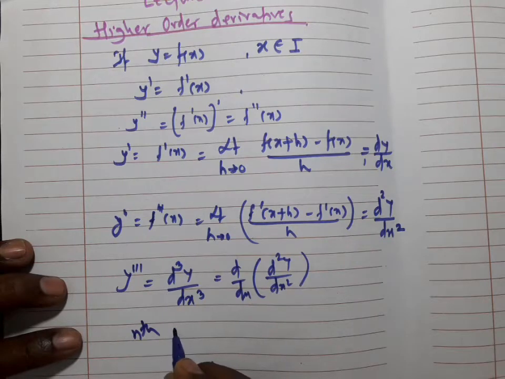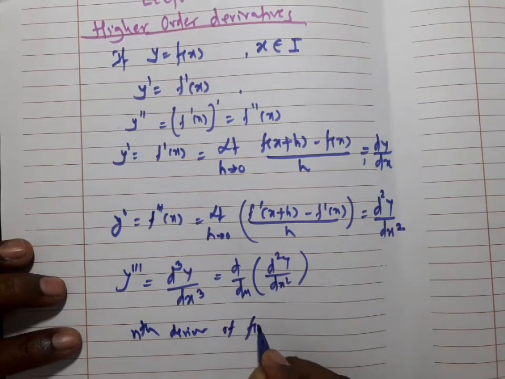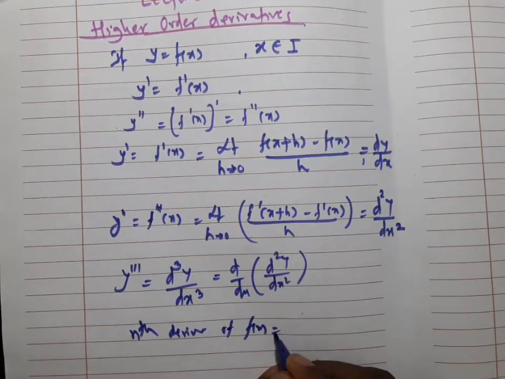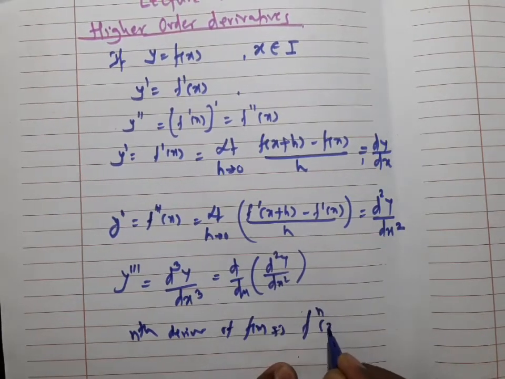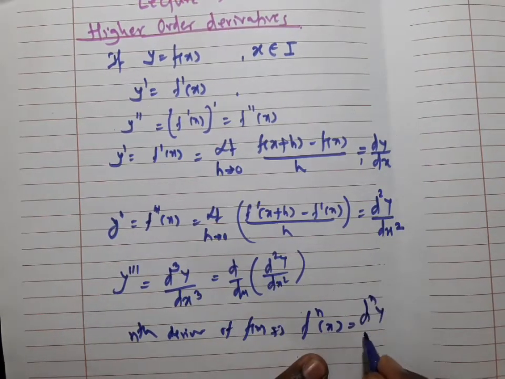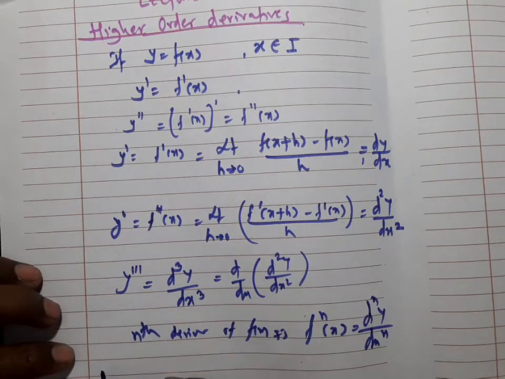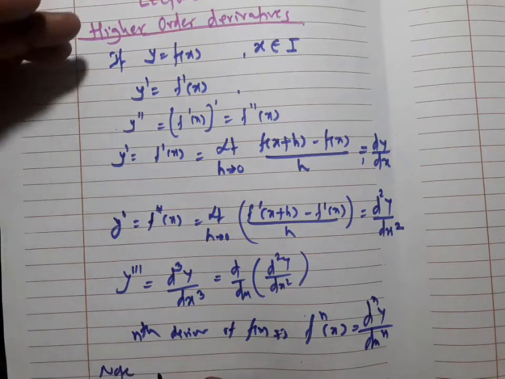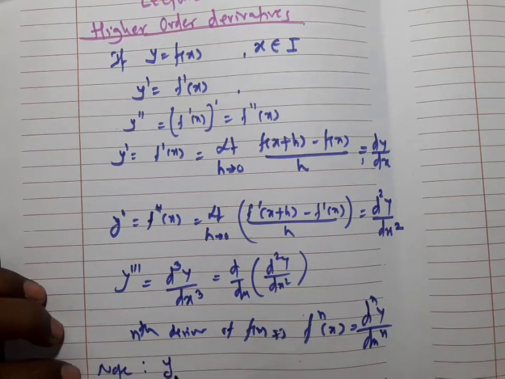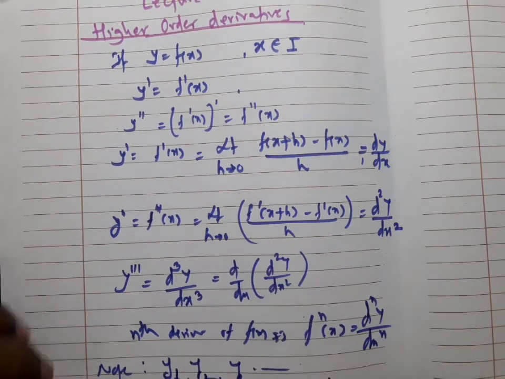Therefore, in general, the nth derivative of f(x) is f n x, and this is denoted by d n y upon dx raised to n. Here we can denote them, instead of y dash, y2 dash, as first order derivative y1, second order derivative y2, third order derivative y3, and so on.